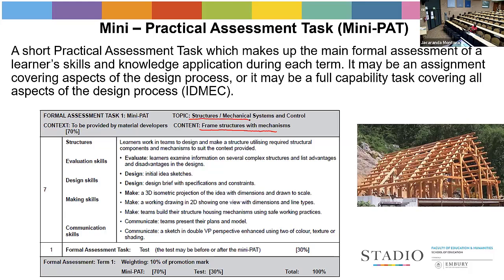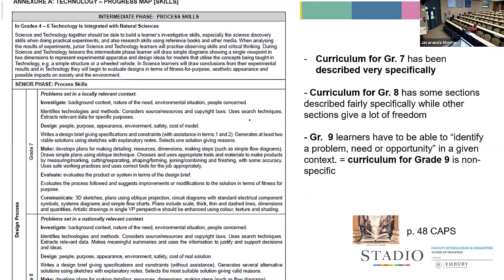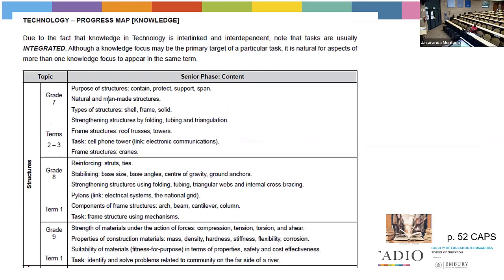So there's the two that link together that I stated previously. So just go read through your CAPS document on your own time. You will see there's a map as well for the design process. So here you can follow for the grade 7s what they should do, for the grade 8s what they should do, and there's the pages for the CAPS, and this is the knowledge part at the back on page 52.